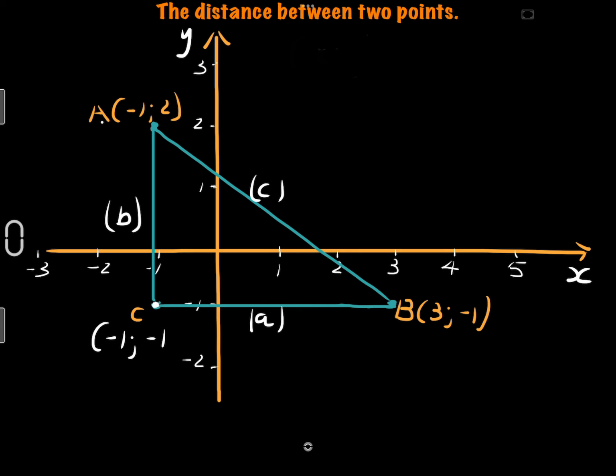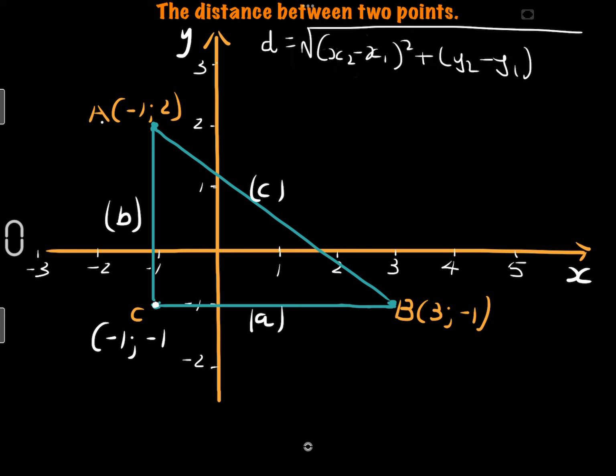Now, okay, let's find the distance between A and B. Using the distance formula goes like this: D is equal to the square root of (x2 minus x1) squared plus (y2 minus y1) squared.